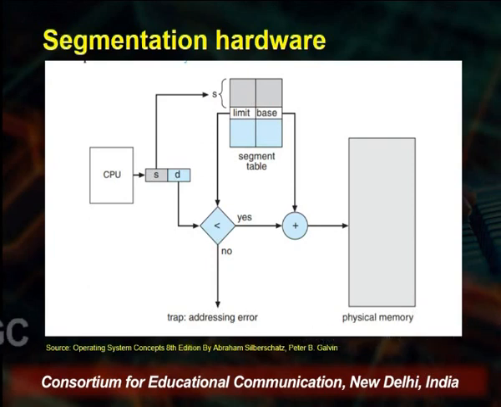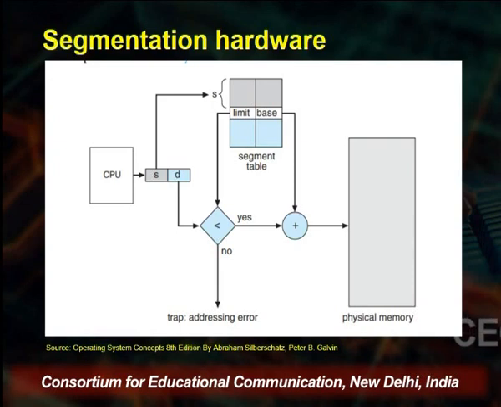For example, I have 10,000 as the base and 5,000 as the limit. The total span of that segment will start from 10,000 and go till 15,000. What if my memory has addresses only till 12,000? There are no addresses present inside the memory at 15,000.